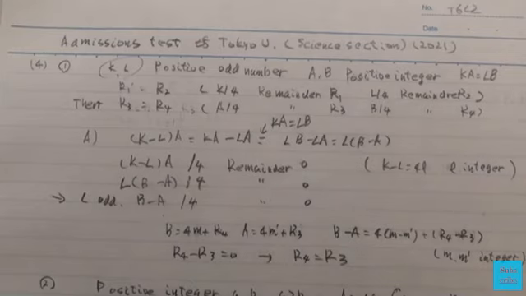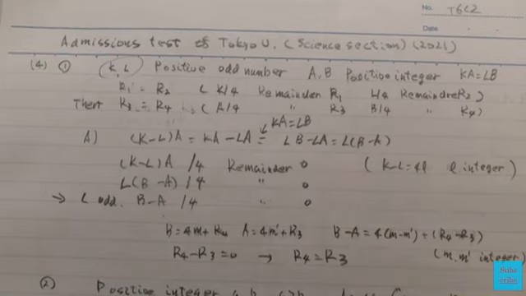K and L are positive odd numbers, and A and B are positive integers, and now KA equals LB. K divided by 4 has remainder R1, and L divided by 4 has remainder R2.